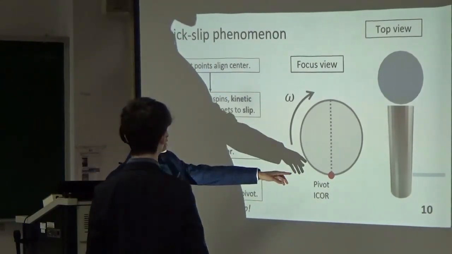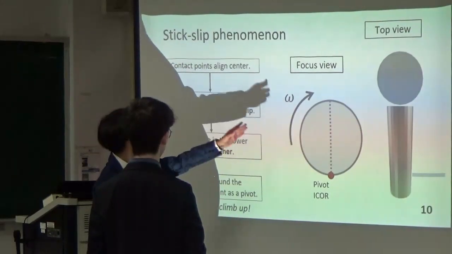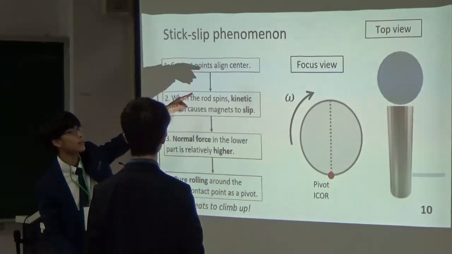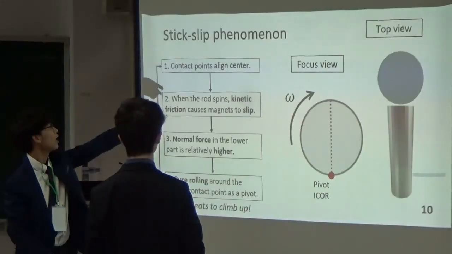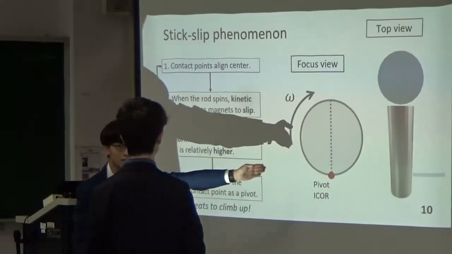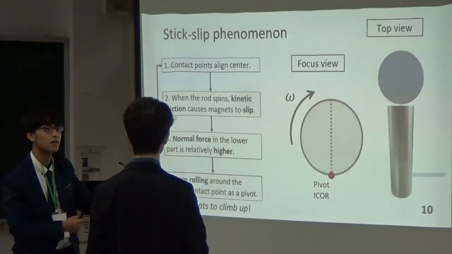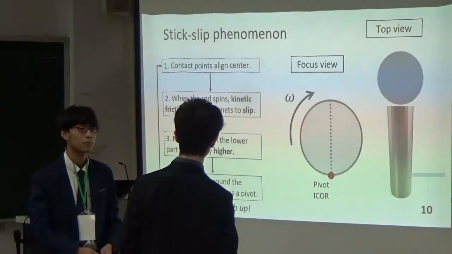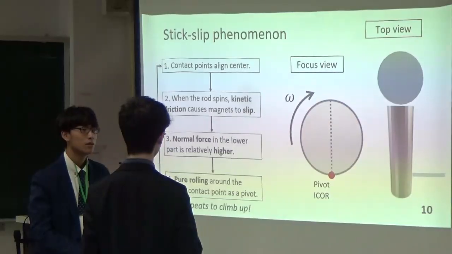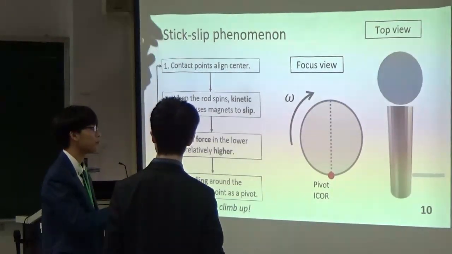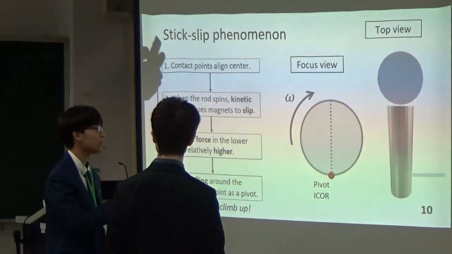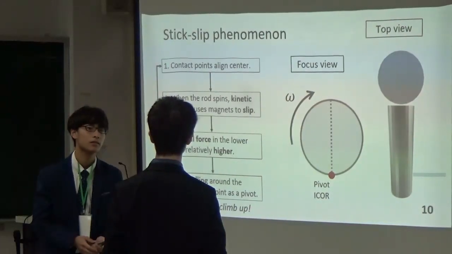So when it's back at this point, the contact points align at the center, then it would again slip to the side, and the ICOR will change. So in each situation, the point will change its displacement. It's at the same angle, but it changes instantaneously.